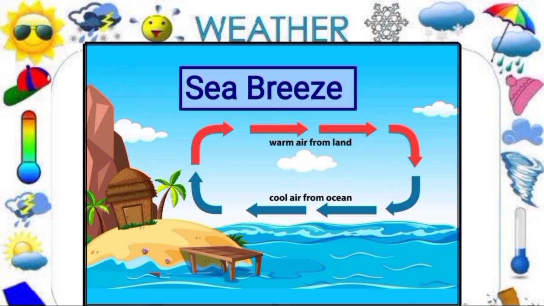During the day, land gets heated up, which in turn heats the air above it. The hot air rises up from the land, and the cool air from the sea flows in to take its place. This is known as sea breeze.